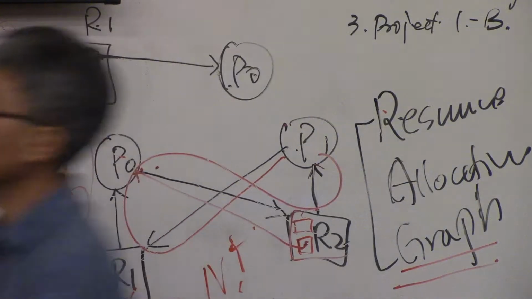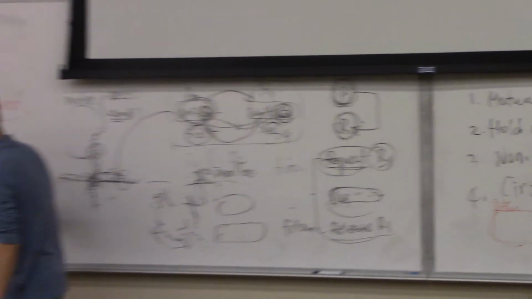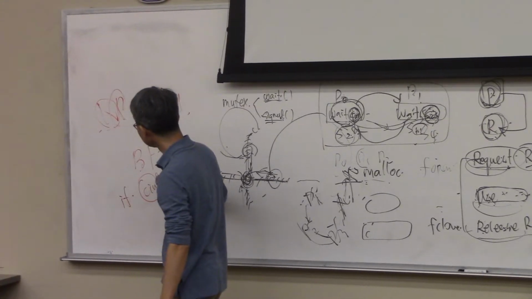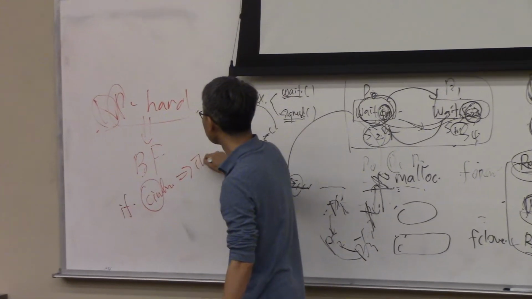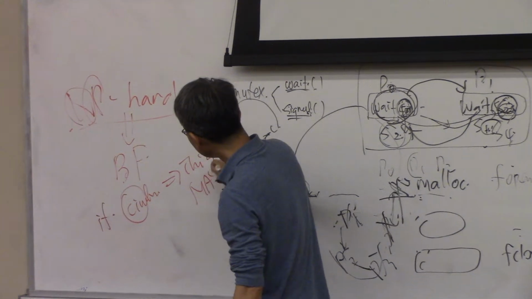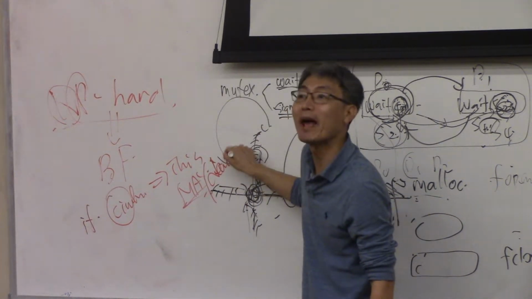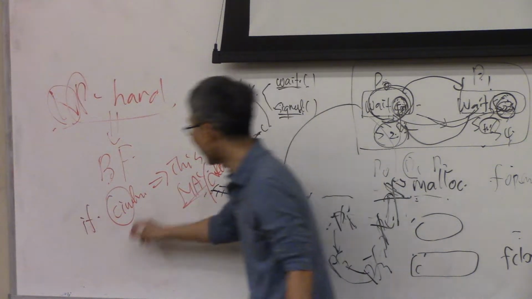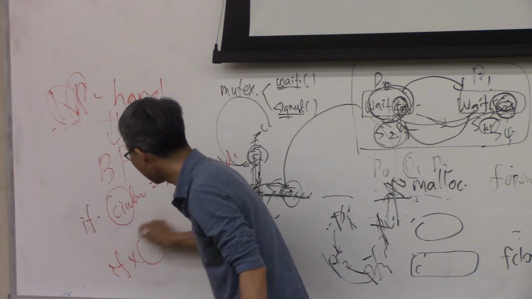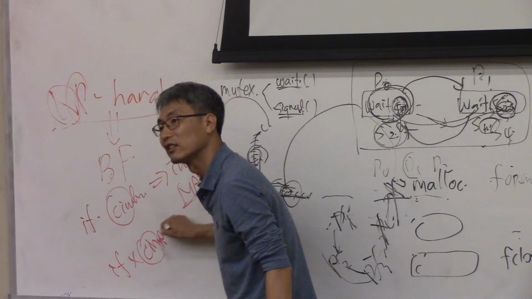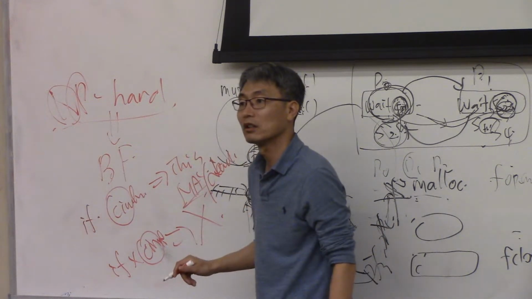So this is a common decision. If you find the circle, this may be deadlock. Not always, maybe deadlock. However, if there is no circle, this is not deadlock.